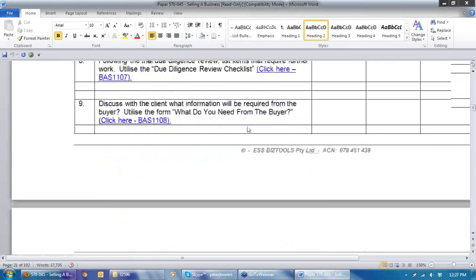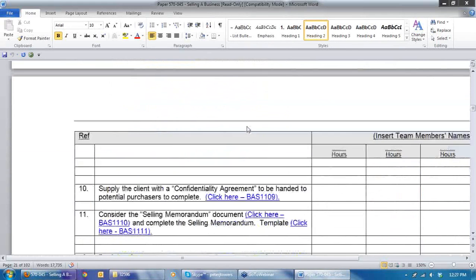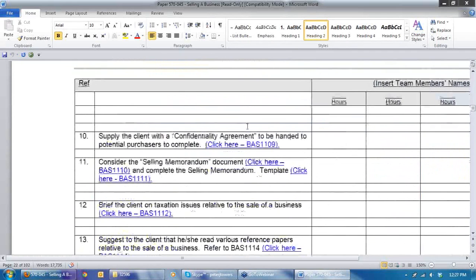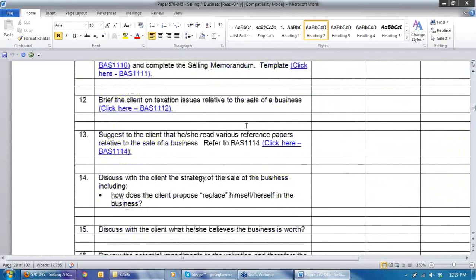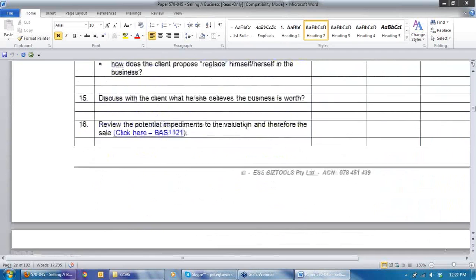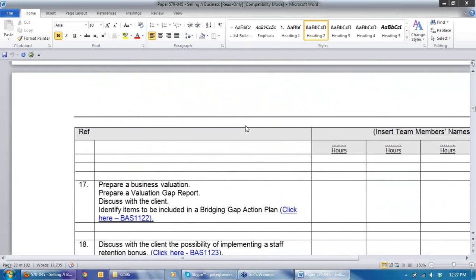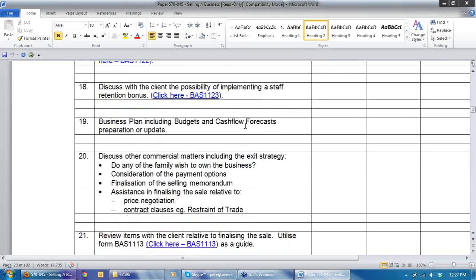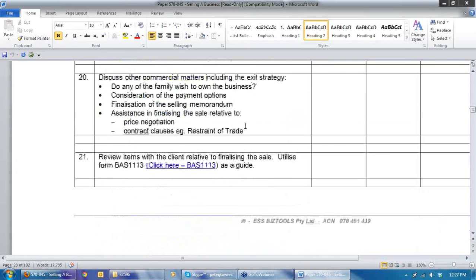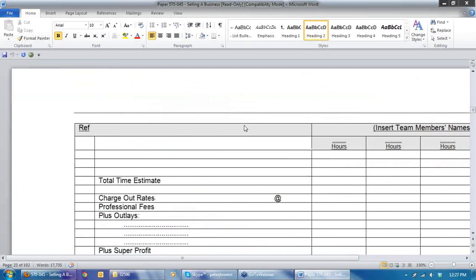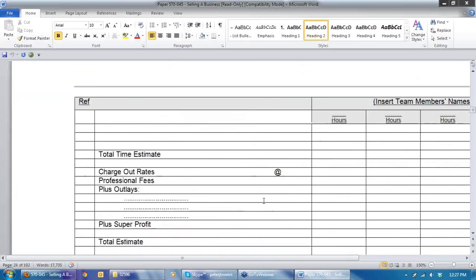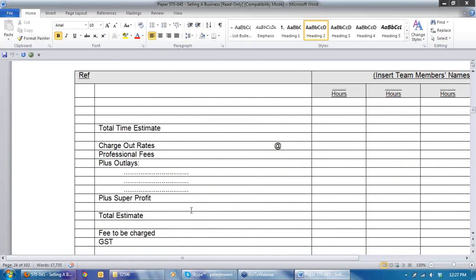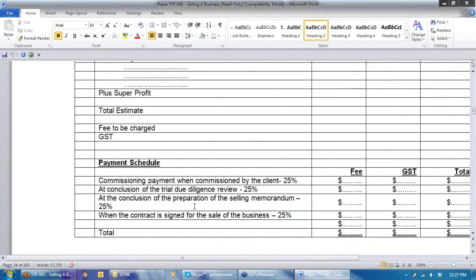And hopefully a checklist like this will assist you in the preparation of the overall cost estimate for the work to be done. So at the end of this, you can then enter your charge out rates and calculate the fee, put any super profit in you're putting in, and determine a payment schedule.